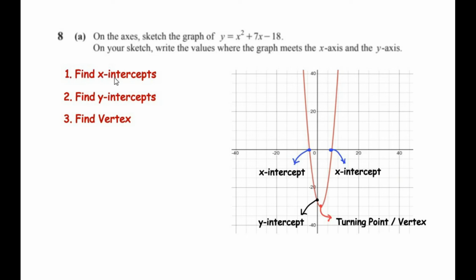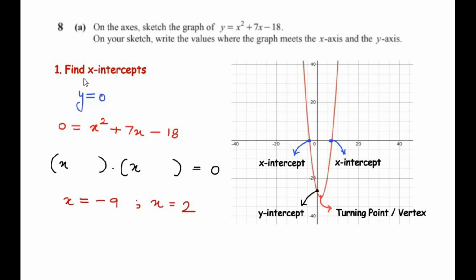So let us begin by finding the x-intercepts first. Now to find the x-intercepts, we need to make y equal to 0 in this given equation. As we know the x-intercepts are on the x-axis, their y-coordinates will be 0. So we make y equal to 0. So this equation becomes 0 equal to x square plus 7x minus 18. Now we have to factorize this.